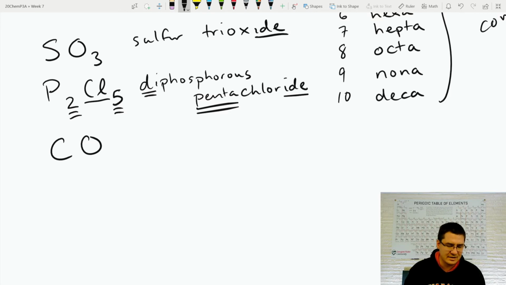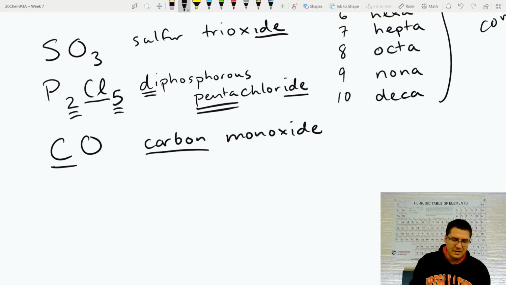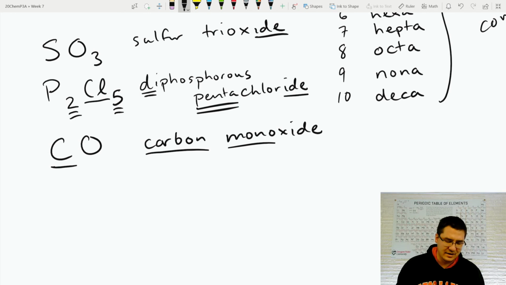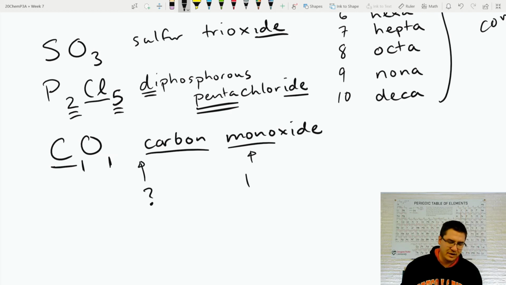Now we get some weird ones when we have, say, C and O. Now you guys will recognize maybe this one as carbon monoxide. Okay, we have C for carbon, right? And then mono or monoxide, that's the prefix for one. And you're thinking, well, don't I have one carbon and one oxygen? So why don't I put a mono, or monocarbon?